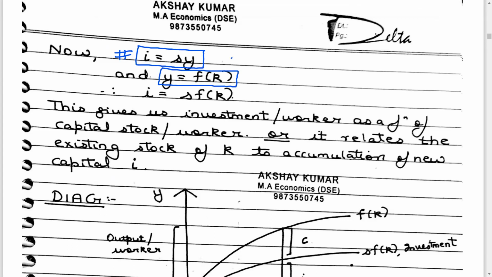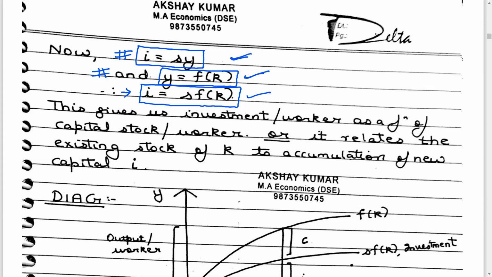So from this equation and this equation, investment is equal to savings, S into Y, and Y is a function of capital stock per worker. So from both these equations, I can write investment is equal to S times Y, which is nothing but S f of k.